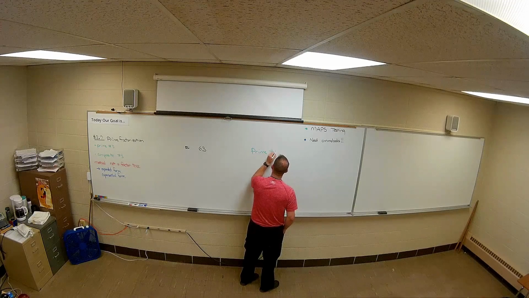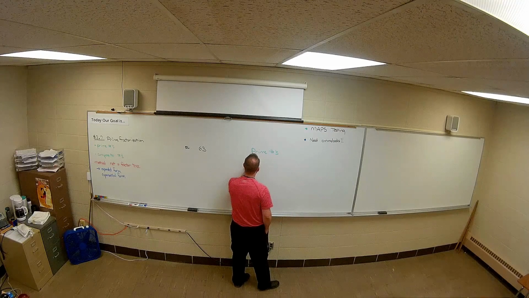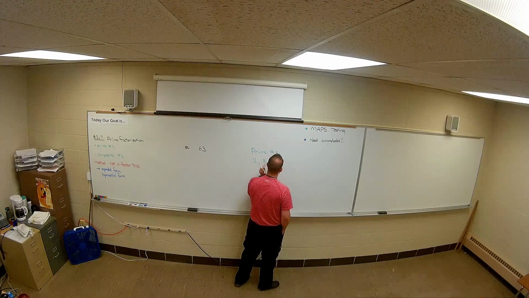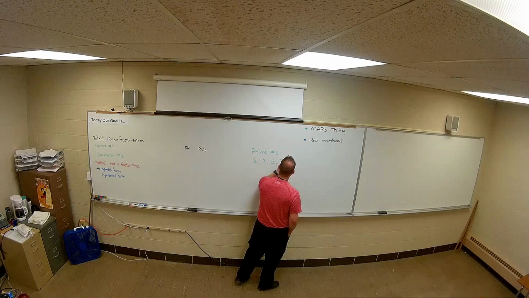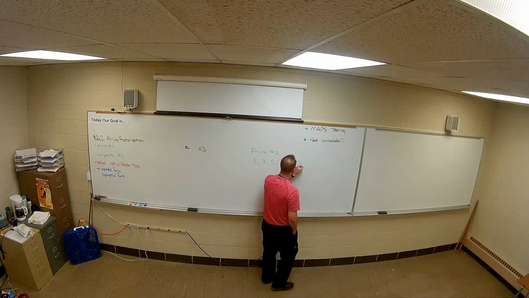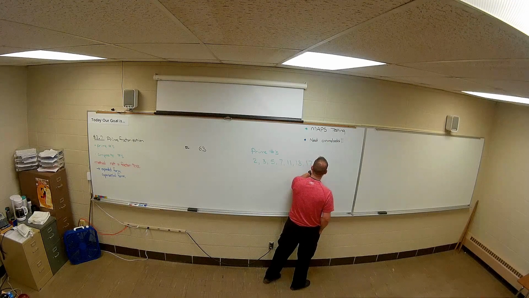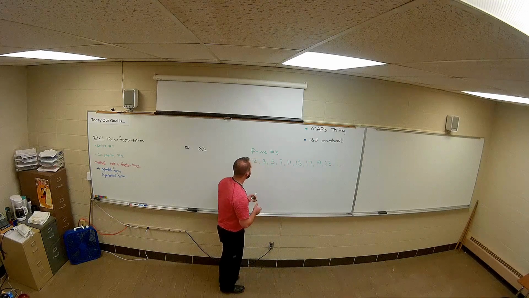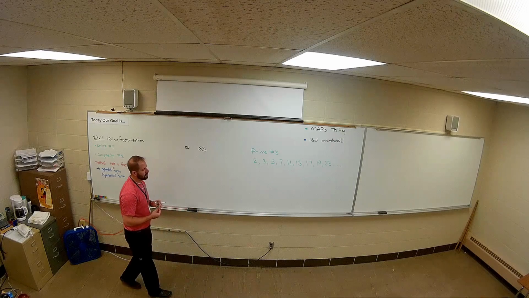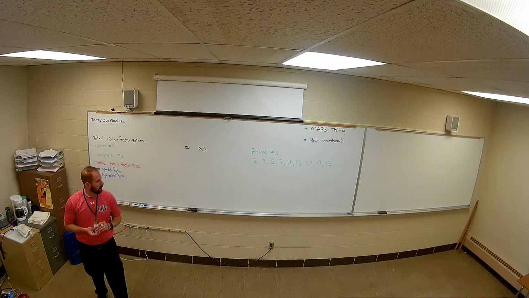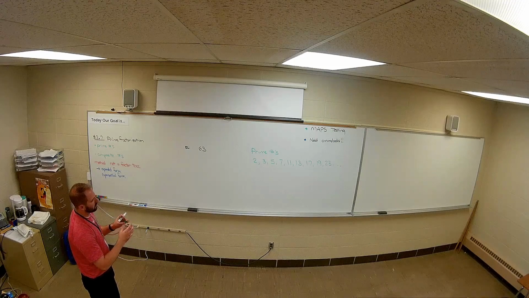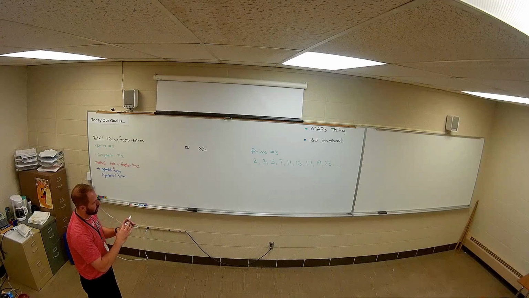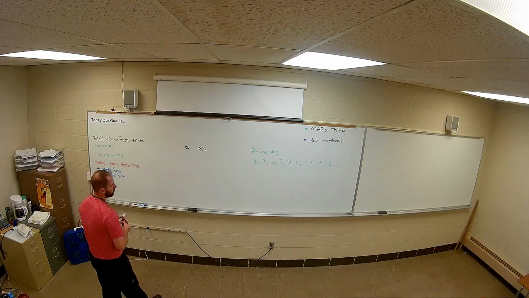If you don't know, we start with the number 2, then 3, 5, 7, 11, 13, 17, 19, 23, and there's more. But these are the first primes. Notice the number 1 is not a prime number. Prime numbers, when you try to break up a prime number like the number 2, it's only 2 and the number 1. Or 5 is 5 and the number 1. It's the number itself and the number 1. That's how you do prime.